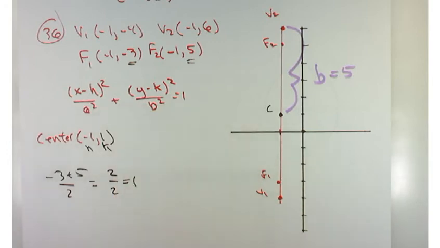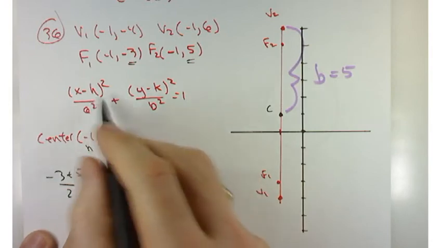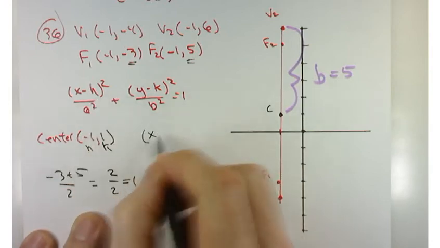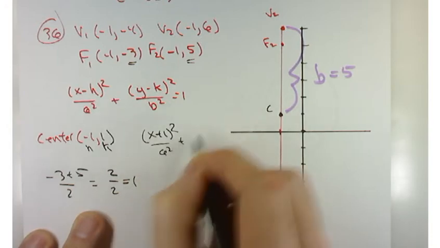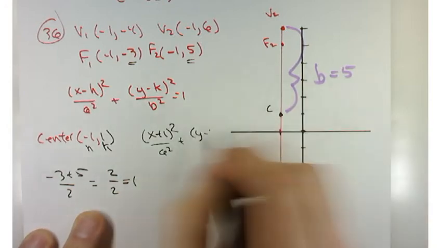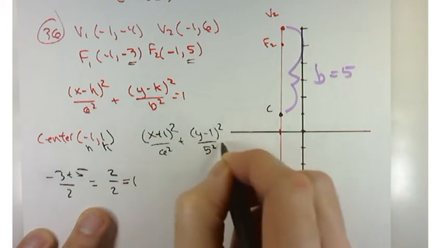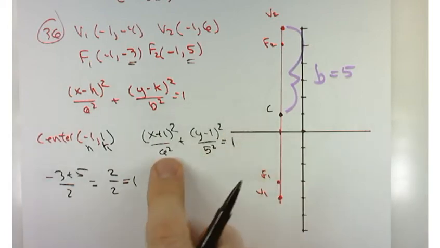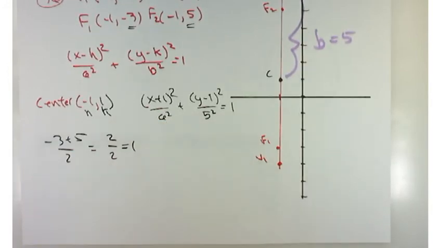So our ellipse looks like, well, we can plug in those. It's going to be (x plus 1) squared over a squared plus (y minus 1) squared over 5 squared equals 1. One last thing I need to determine, and that's a. Wow, almost done.